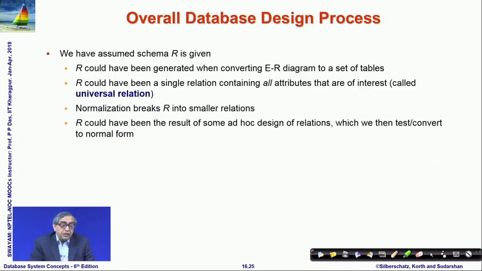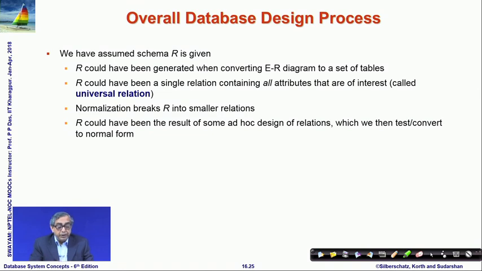So, in the overall process, there are several tracks that we could be taking. One possible thing is that the whole set of attributes has been generated when you have converted the entity relationship diagram, the UML or the ER diagram, into a set of tables. That is how we got our set of attributes of the relational schema.